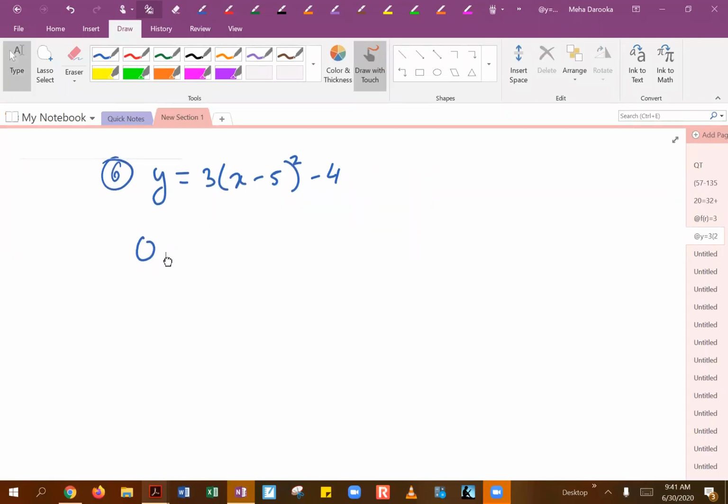What kind of opening does our graph have? Do you think it will be opening up or down? Yeah, because you have a +3 for your A value. So of course our graph is going to be opening upwards. Very good.